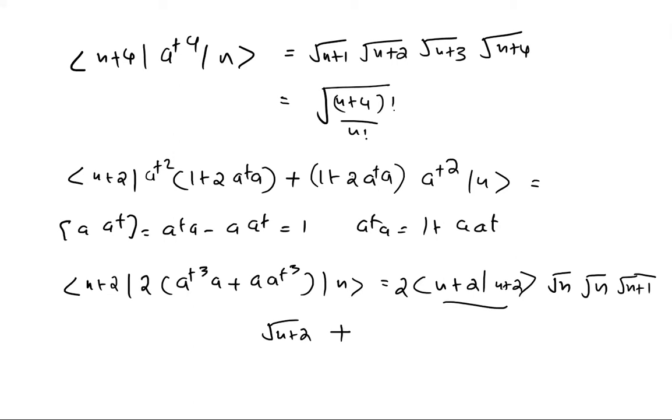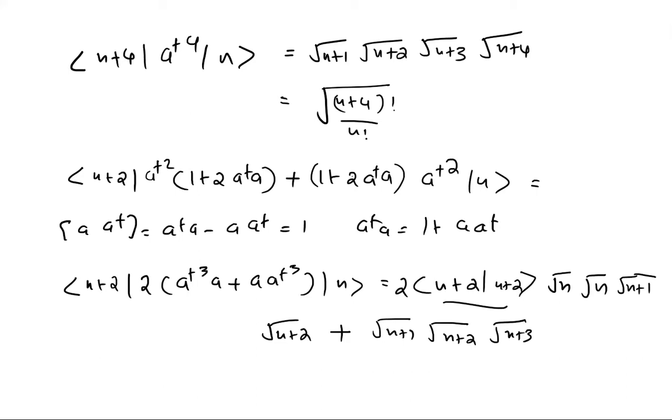Okay, this is 1, so I'm not using that. Next term is n plus 2, this quantity. So what if a dagger acting on a, it will produce root n plus 1 and root n plus 2, and one more time, so root n plus 3, and then bringing down by 1 state.